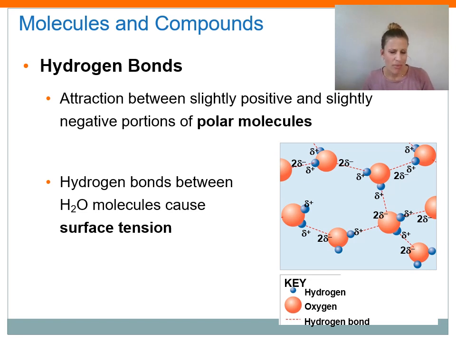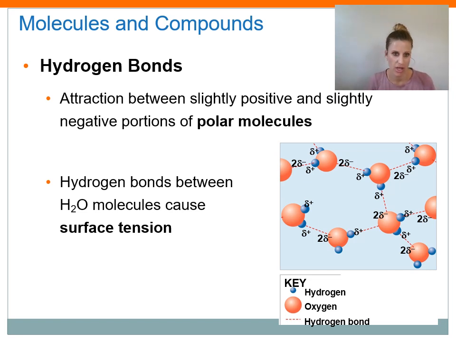That's how the ionic bond works. We've got a positive and a negative, and opposites attract. Well, with a polar molecule, it's not a full positive and a full negative, but it's still kind of charged. So the whole molecule can arrange itself so that the negatives are by the positives of another one, and the positives by the negatives of another one. And you form these slight attractions between the molecules.